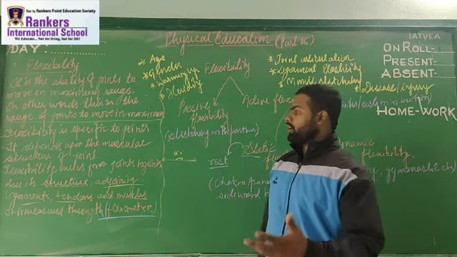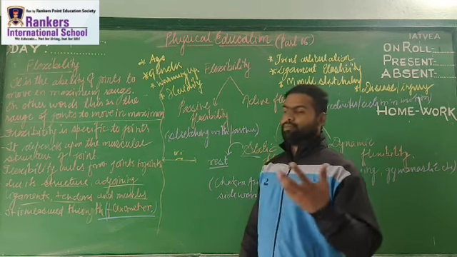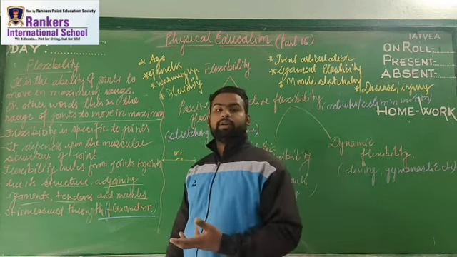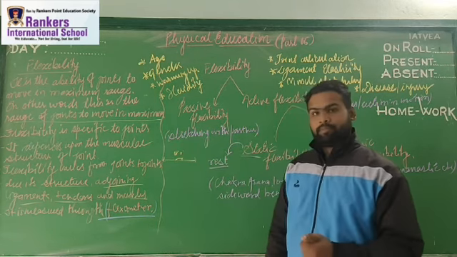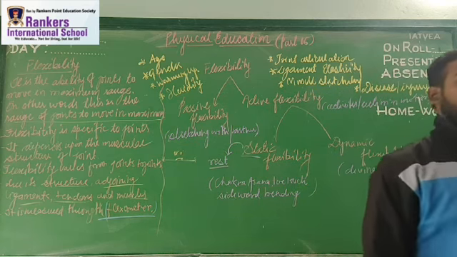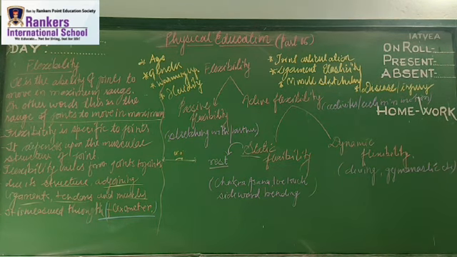Flexibility varies from joint to joint and individual to individual, from person to person. It depends on the structure, the adjoining joints, the ligaments, the muscles, and the diet of a person also. Now it is measured through flexometer.